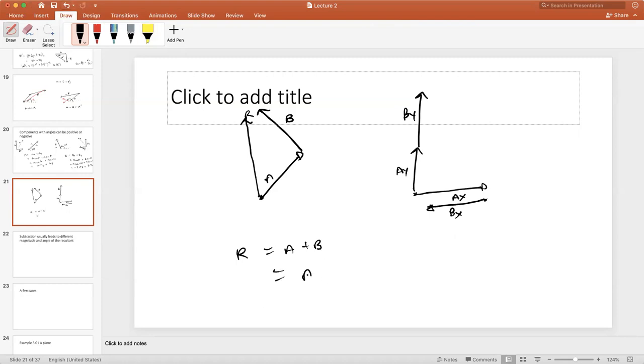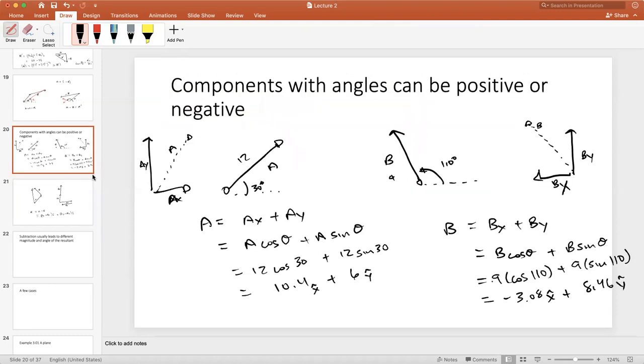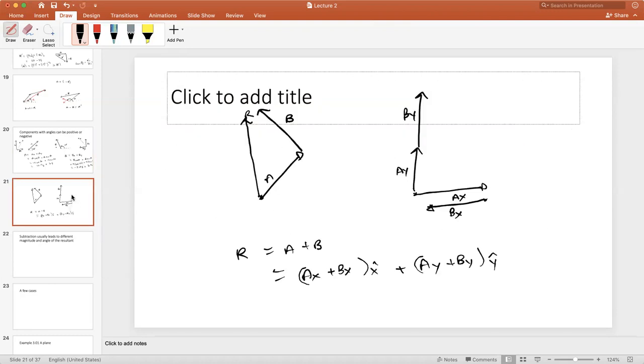And that's equal to AX plus BX in the X hat direction, plus AY plus BY in the Y hat direction. And if I go back and look, my AX was 10.4.